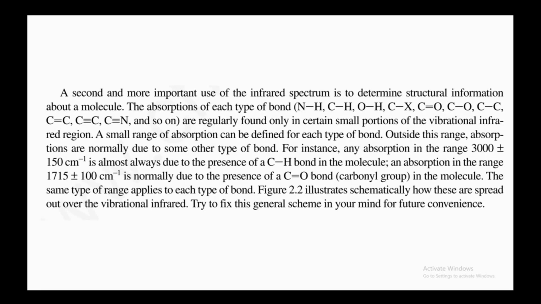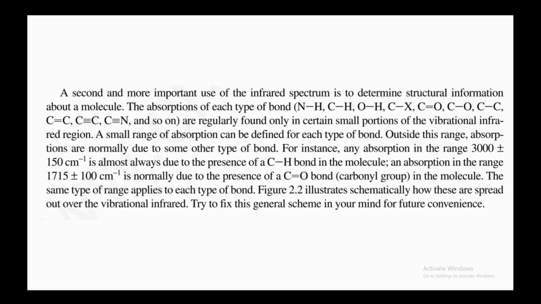The second use of IR spectroscopy, and the more important use of the IR spectrum, is to determine structural information about a molecule. Any molecule could possess an NH bond, CH bond, OH bond, CX bond, or carbonyl, or double bond, triple bond with nitrogen.